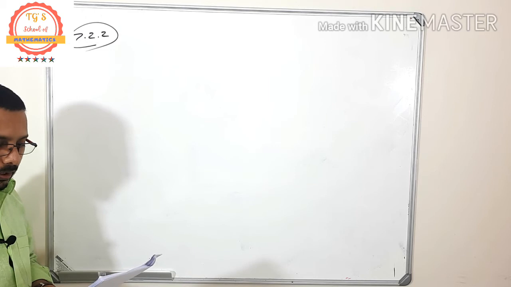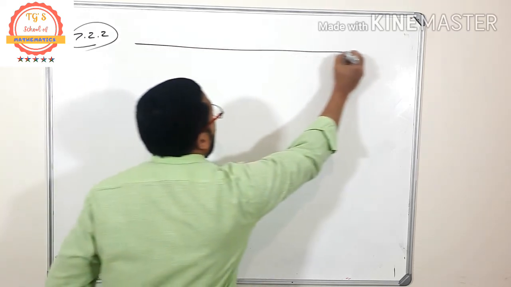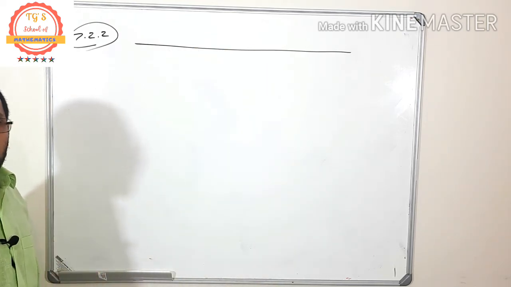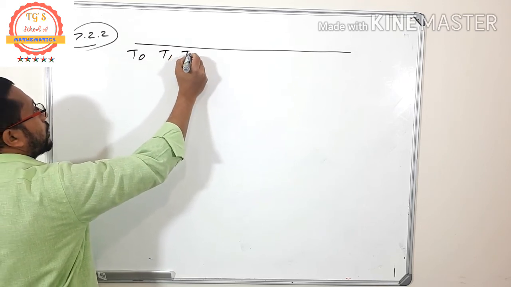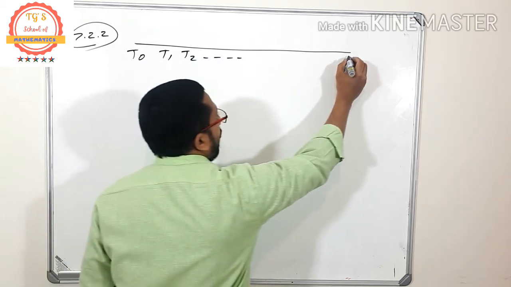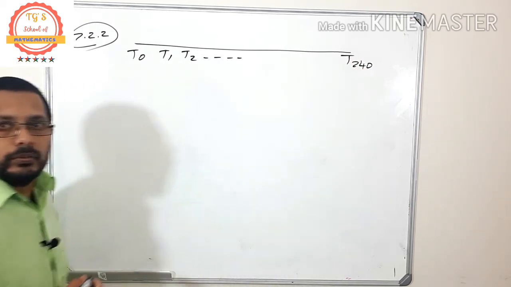So do you remember, this is a home loan, and how much was that home loan? 1.5 million. Okay, and the payment was for how many years? 20 years. 20 years means how many months? 240 months. We did that one.